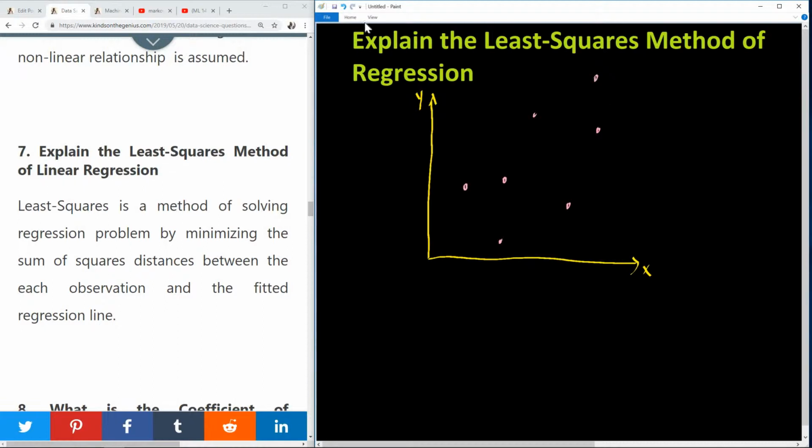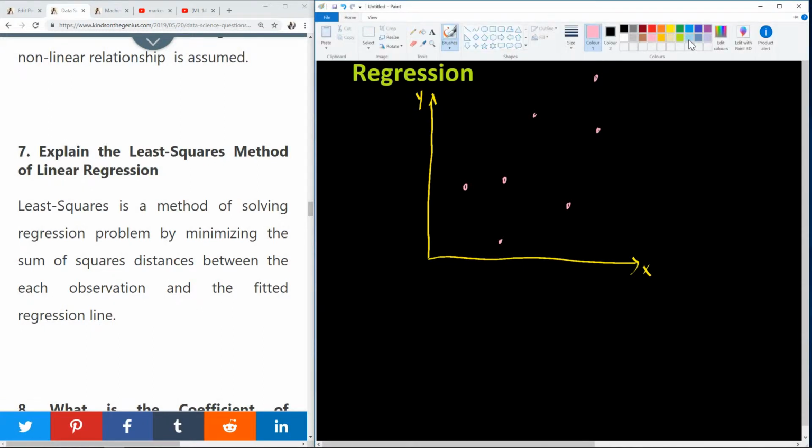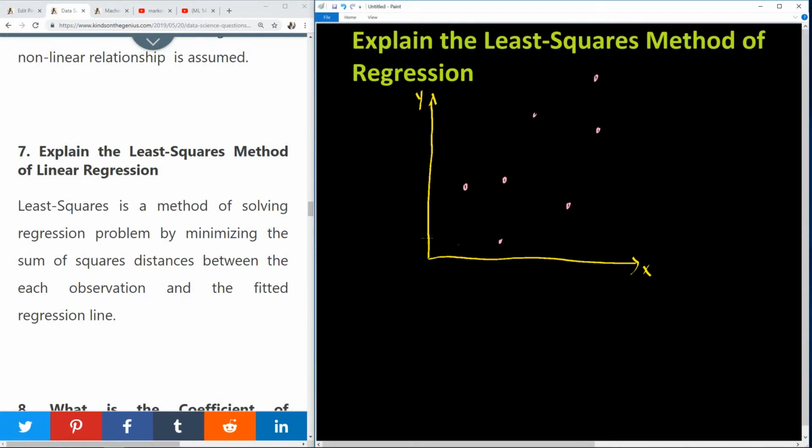Now I fit a linear regression line. This time I'll use blue. I try to fit a regression line through this data, though not perfectly. So we have the intercepts.